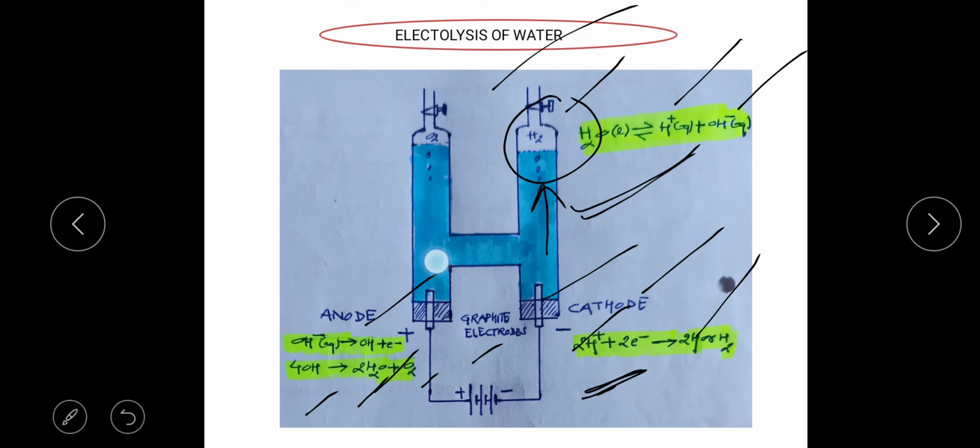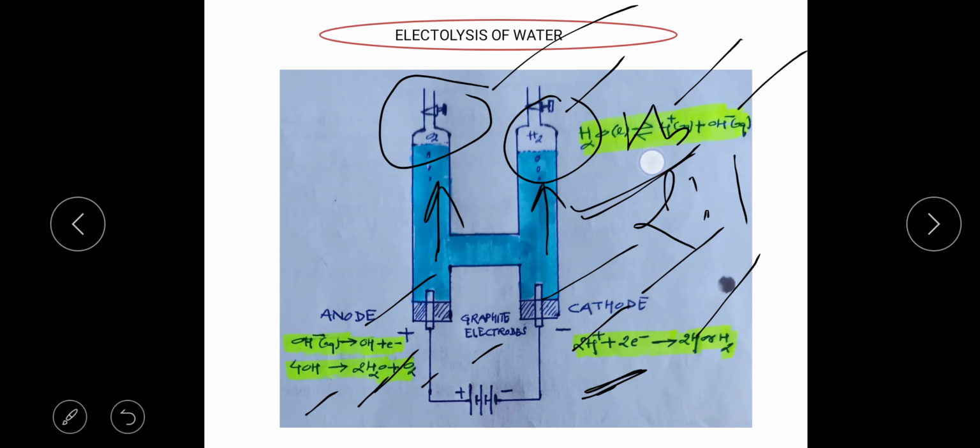So this oxygen will move up and get collected at the top there. If you compare the volumes of hydrogen and oxygen produced, you will get the ratio 2:1, H2 and O2, right? So the volumes of H2 and O2 produced are in the ratio 2:1. So this is how electrolysis of water takes place.